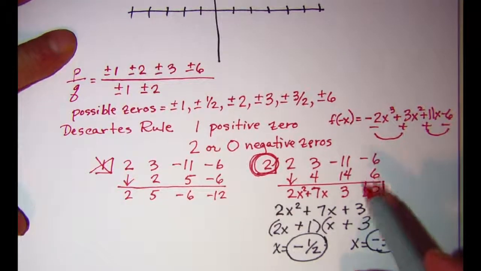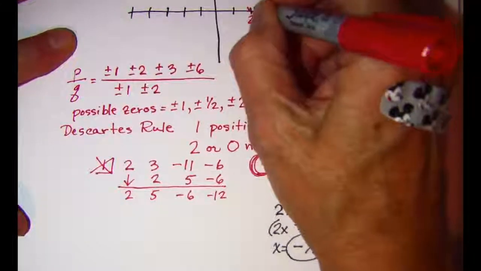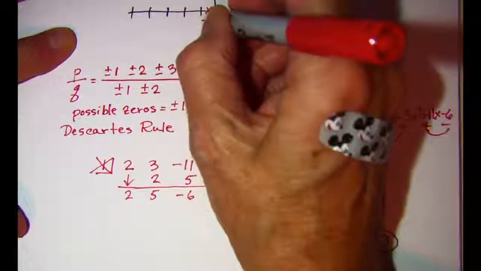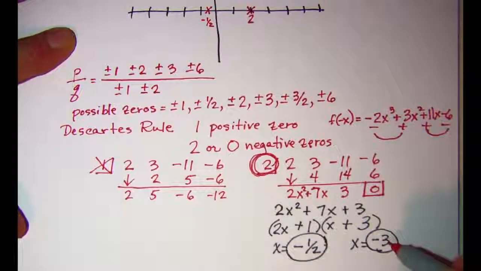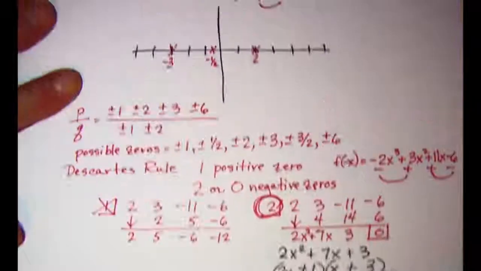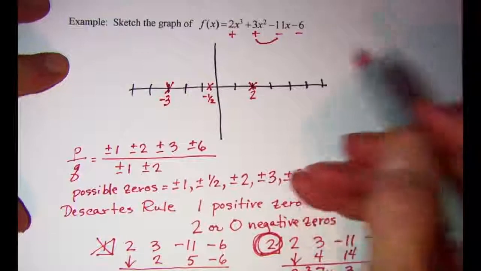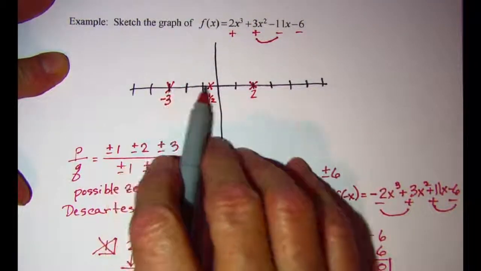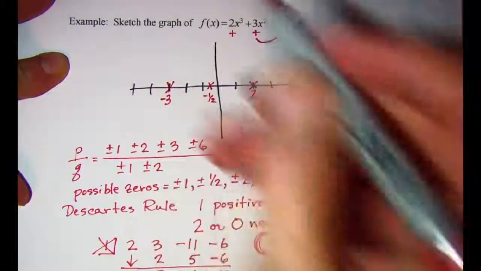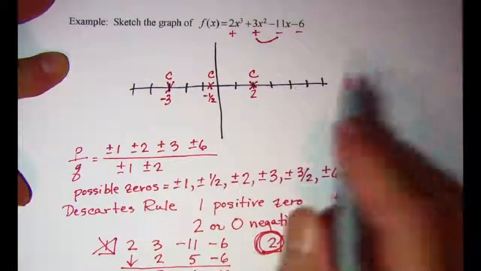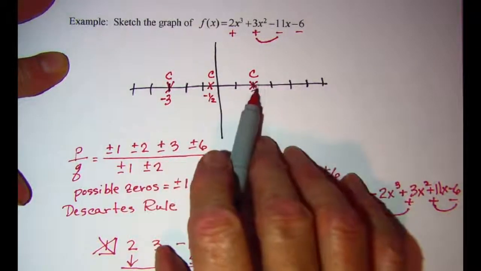So 2, negative 1/2, and negative 3. Now, since all of those zeros are to the first power, they only occur one time. That means that all of the zeros have odd multiplicity of 1. So my graph is going to cut through the x-axis on all of those zeros.